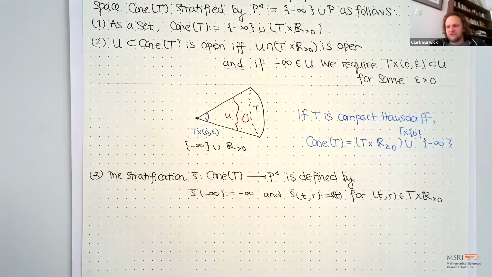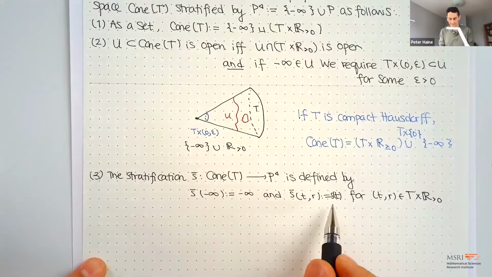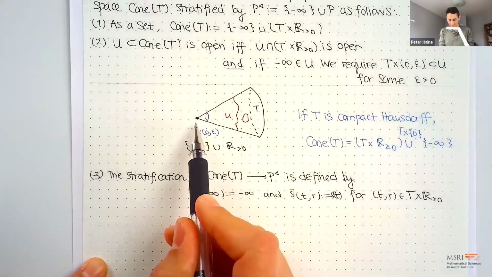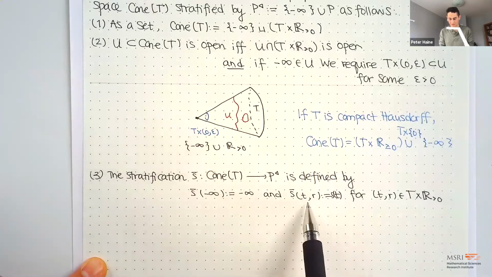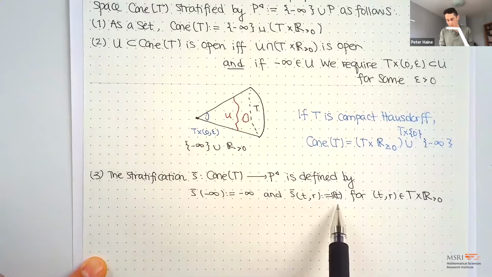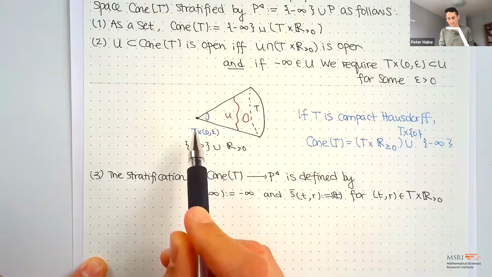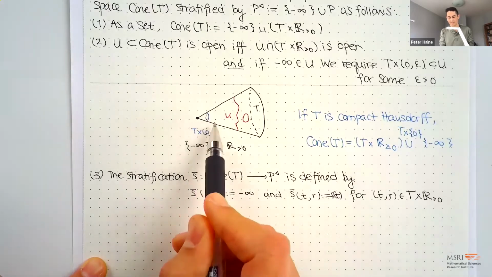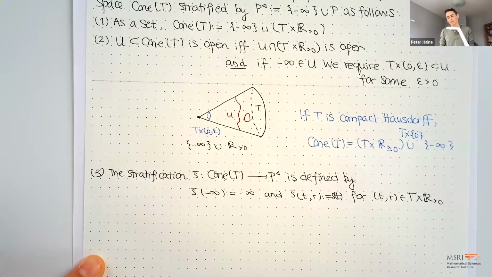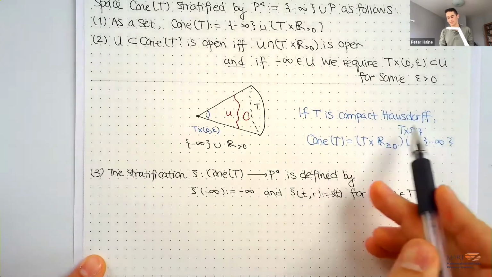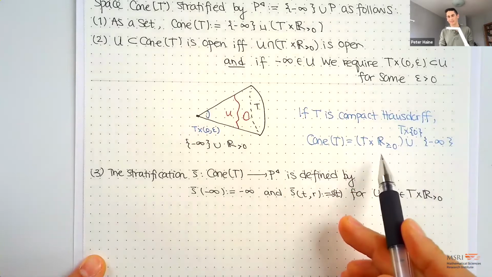You're saying that if it is a continuous map, then that condition kind of has to be the case. Yeah, I think that's something you need. If you want this to be continuous, to send this point to minus infinity, just project down to t and use your stratification. I think you essentially need this neighborhood around here.